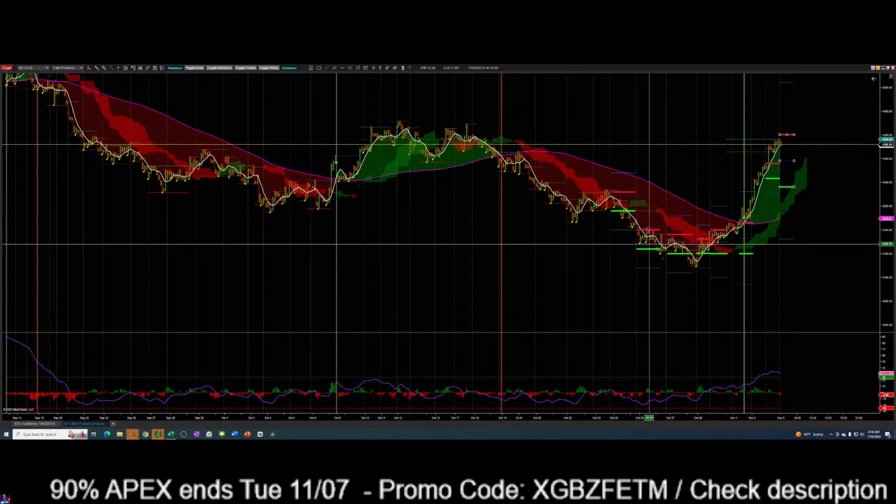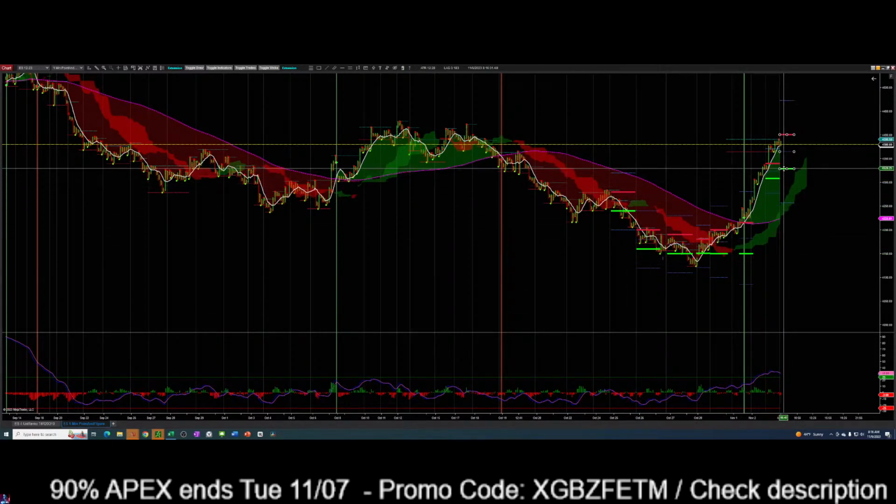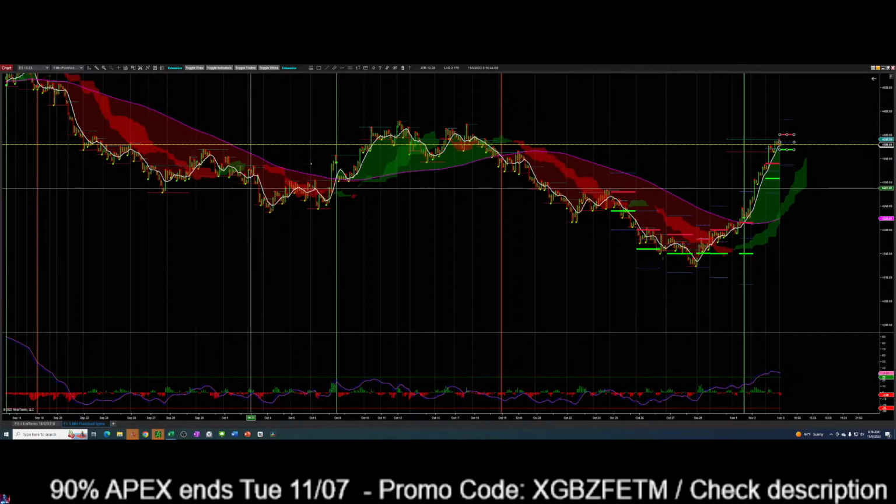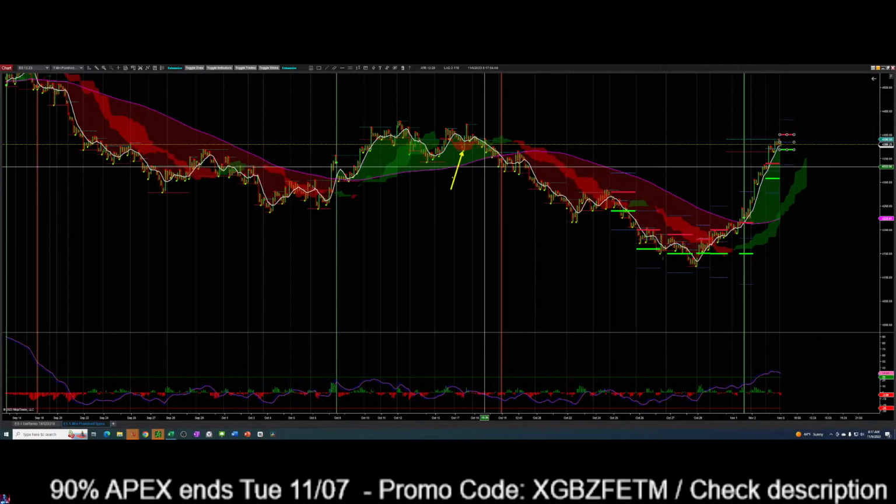And then on the lower side, pretty tight in here. So we do have that level here, this level here, that level here, this level there. That level here as well.